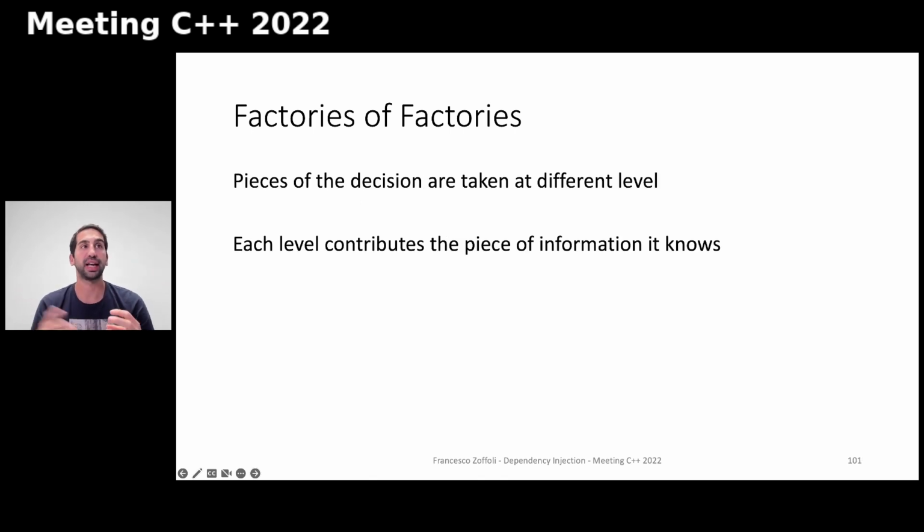And the advantage is that each piece of logic is going to define the part of information that it knows. This can happen, for example, with one level of indirection, when one factory generates another factory. This is not rare. I only saw it once with 2 levels, and I never saw 3. So if you're doing this a lot, start questioning whether your design makes sense, because there might be overcomplications that could be simplified.